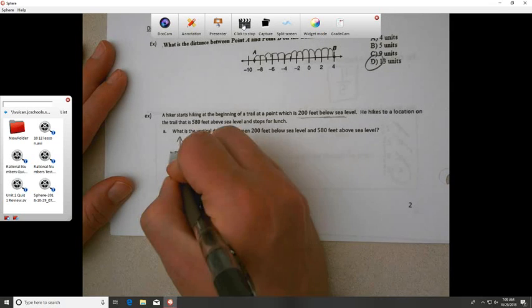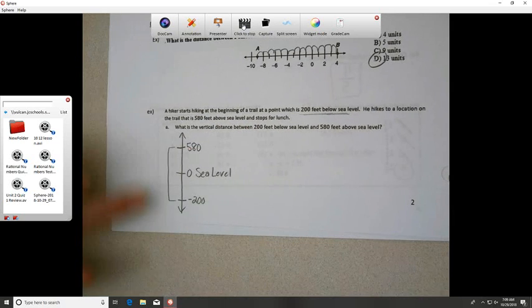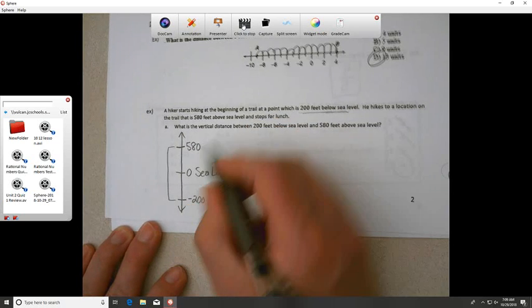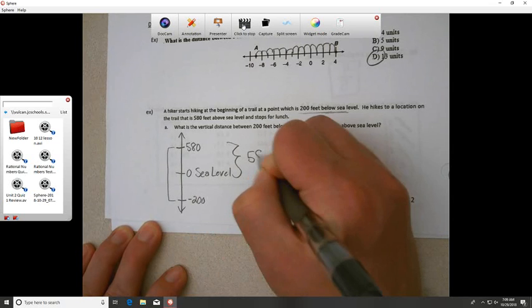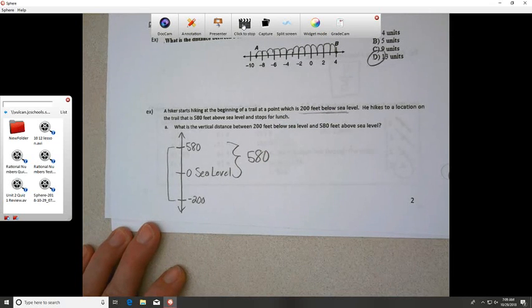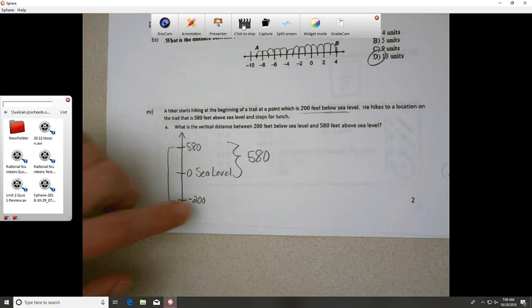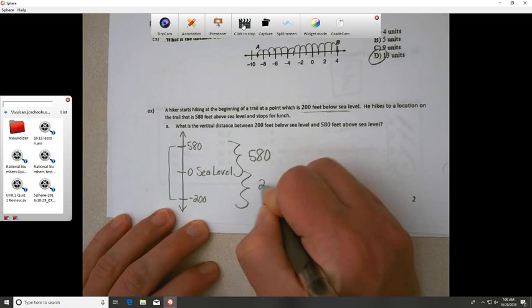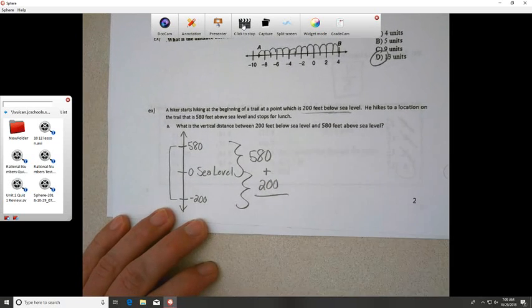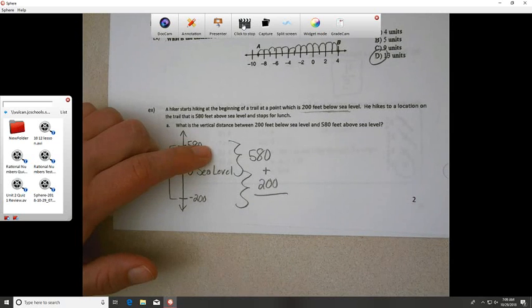So if I break it up, well, I know from 0 to 580, that's a distance of 580. And then from 0 to 200 below, that's a distance of 200. So my total distance is going to be 580 plus 200, which is 780.